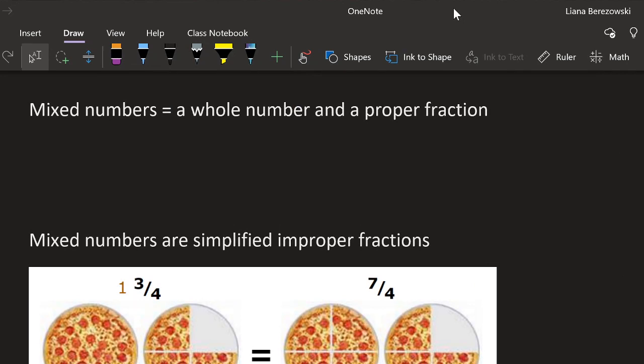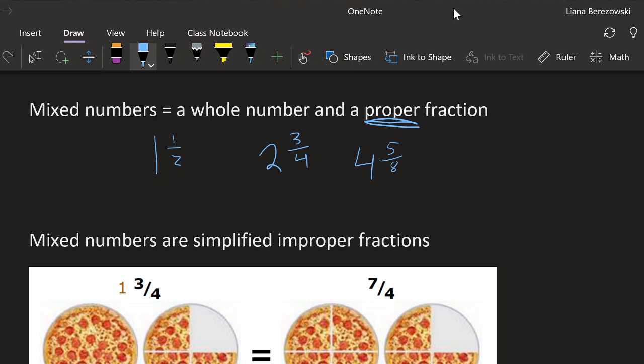So it's sort of a type of fraction, okay? It's more of a term that involves a fraction. So a mixed number is a combination of a whole number and a proper fraction. So keyword proper fraction, okay? So a mixed number could look something like this. 1 and 1/2, could be 2 and 3/4, 4 and 5/8, sure.